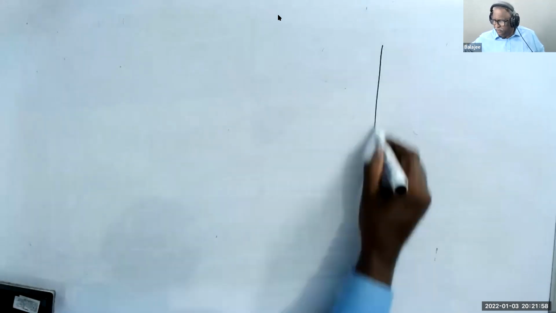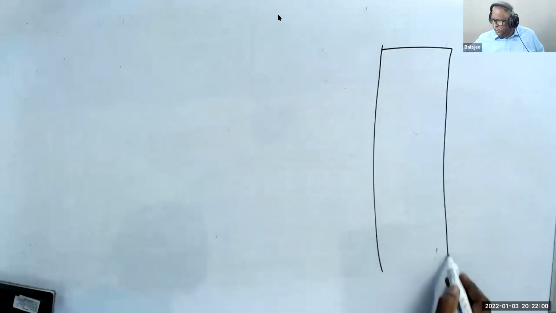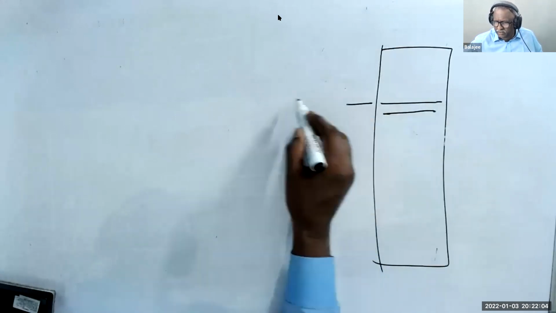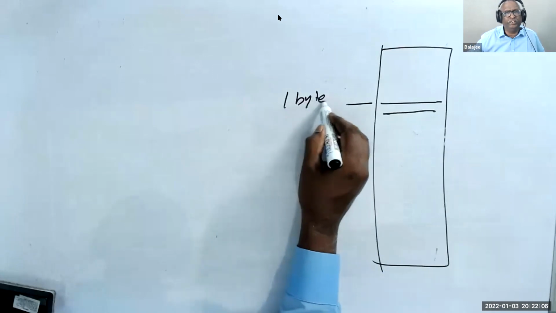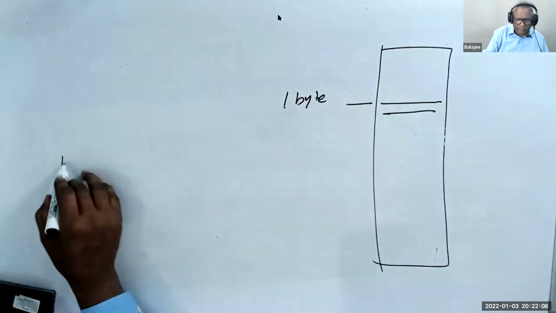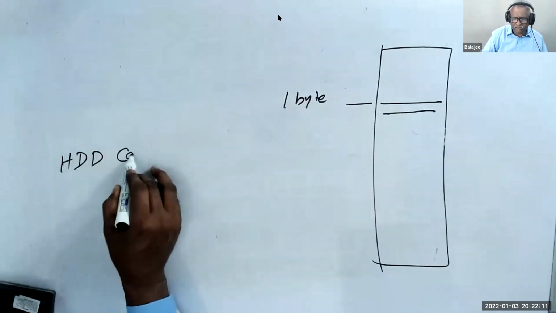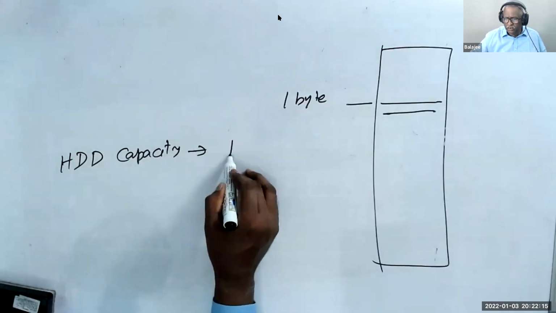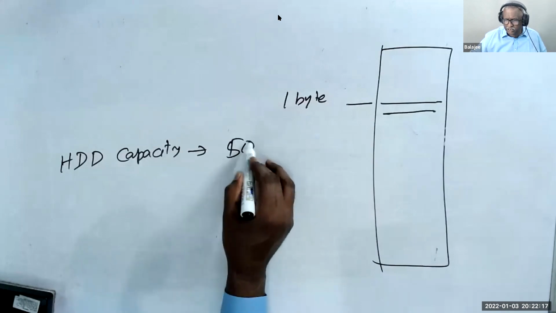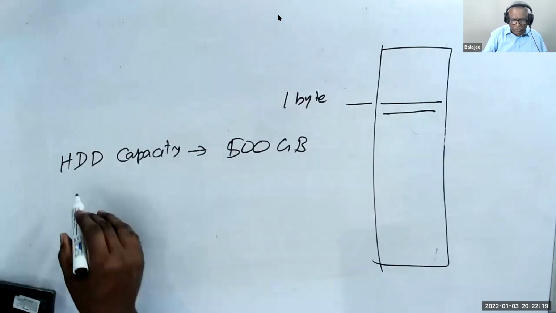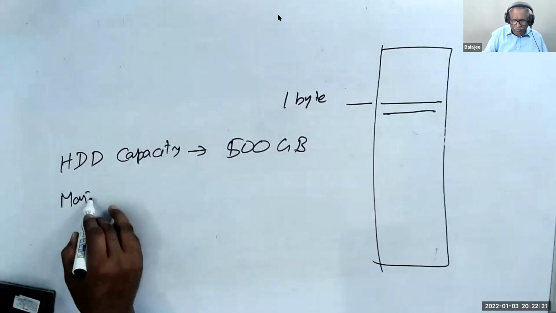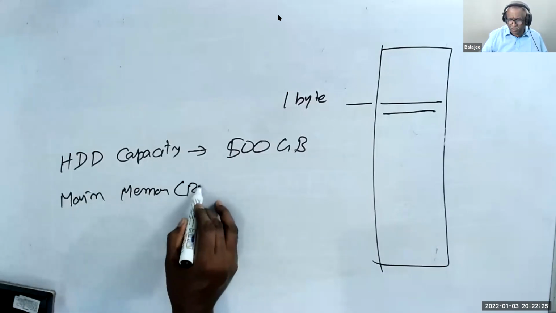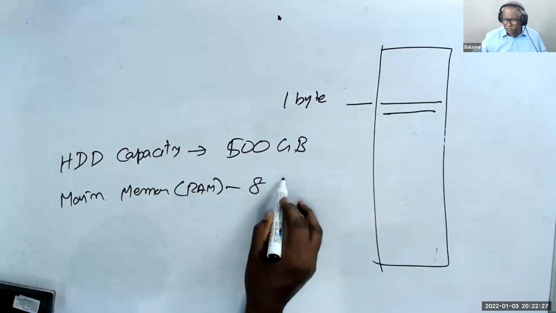In a memory, every line is occupying 1 byte. That's why you say your hard disk capacity is 500 GB. Your main memory, that is RAM, you say 8 GB.